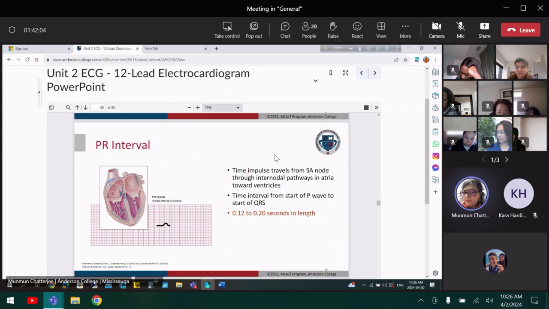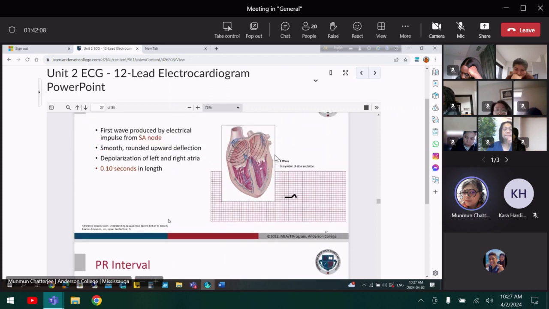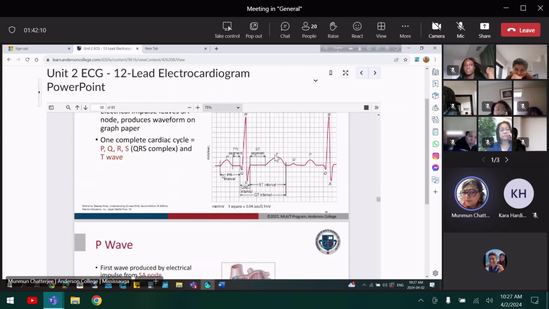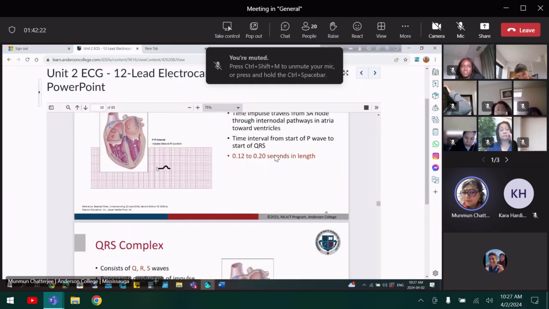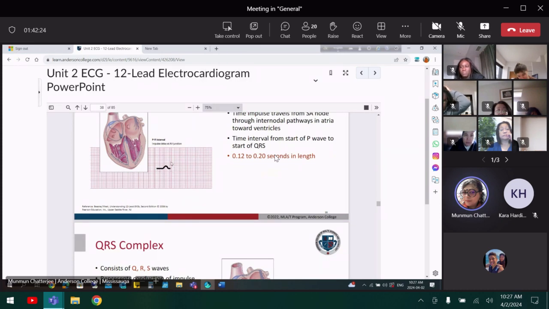It is the interval from the start of the P wave to the start of the QRS. This is from here to here. The QRS complex is going to start here. So from here to here is called the PR interval.